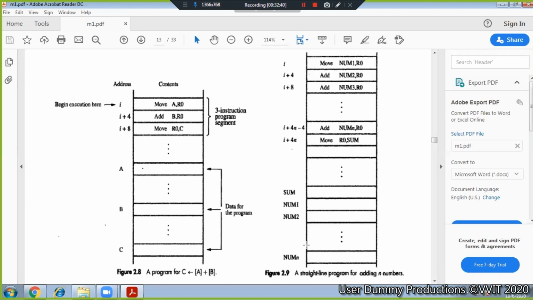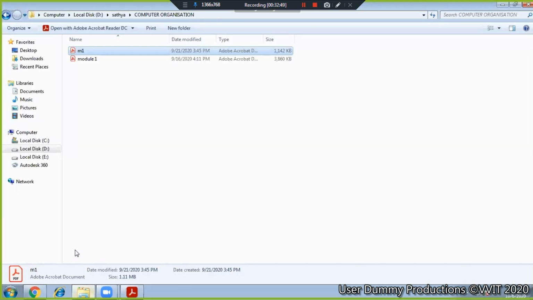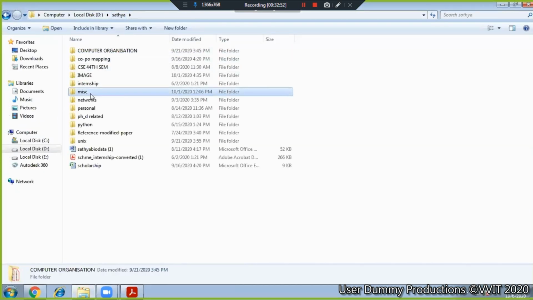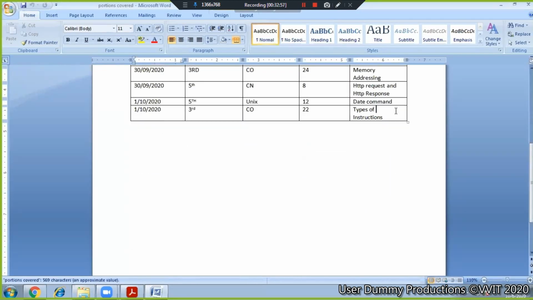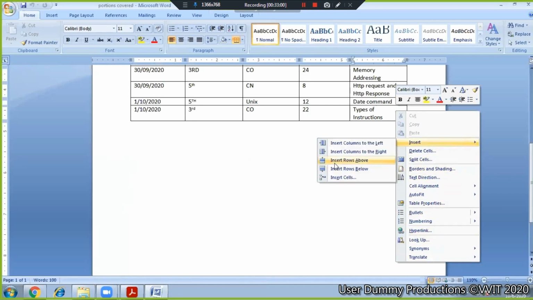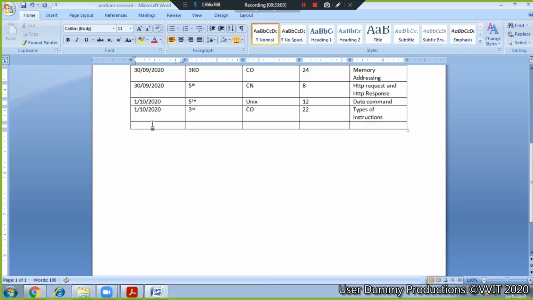You add num3 with R0, comma R0. And same thing, the result of R0 and num3 is stored in R0. And I is again incremented by 4. Then add num4, R0. So the result of R0 and num4 is stored in R0. Very good.